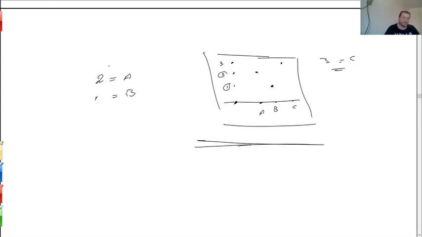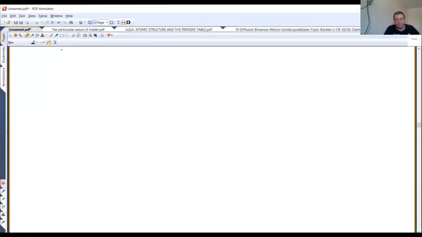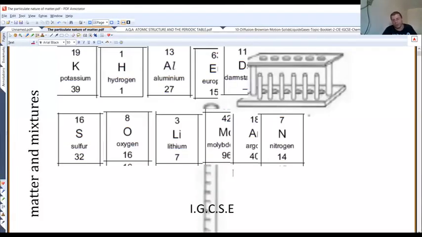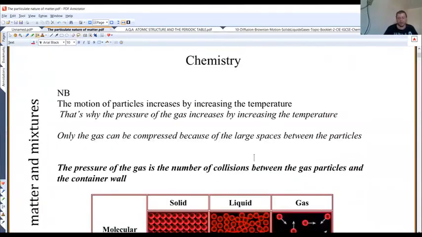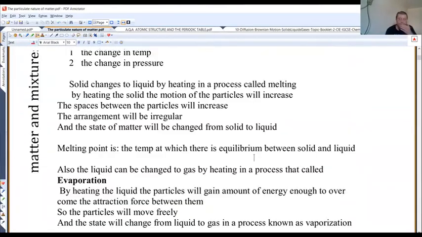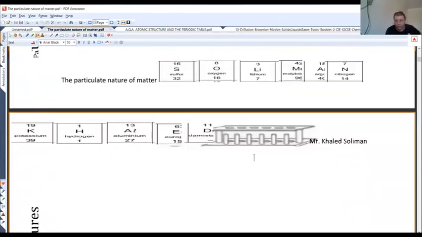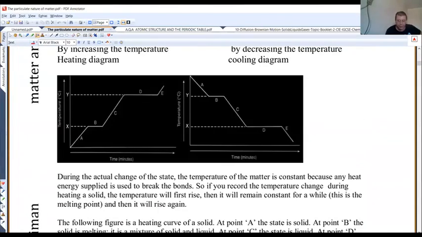After finishing any one of the topics, we're going to provide the student with a complete note. For example, this one is the note for the CIE, Cambridge student. You're going to find a classification, and notes that you read for studying this topic.